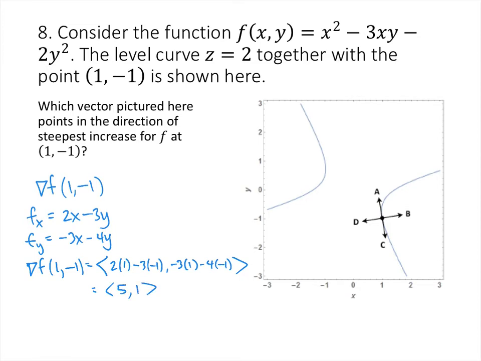So which one of these vectors points in the same direction as (5, 1)? Well, that's going to be a vector that points largely in the x direction and a little bit in the positive y direction, and we can see that that's option B. So that vector B is parallel to the vector (5, 1).